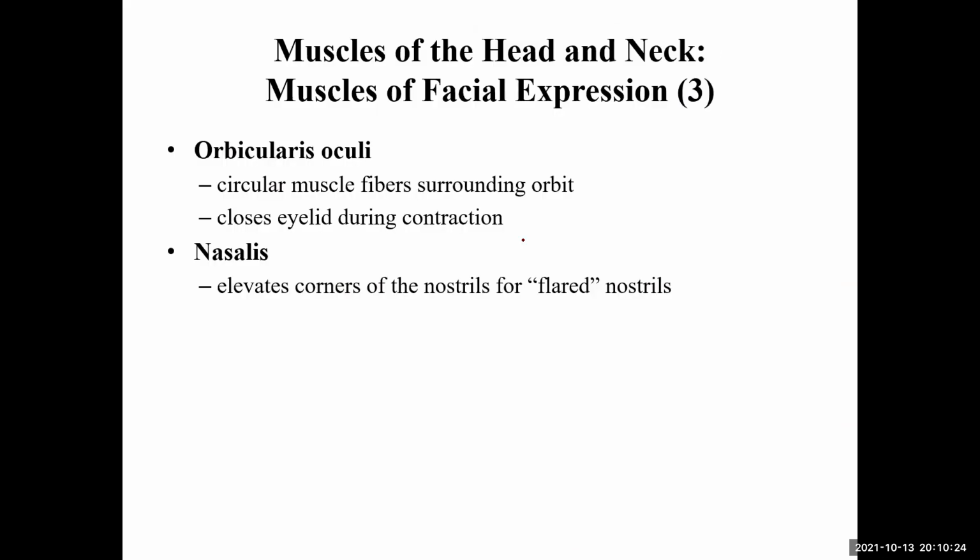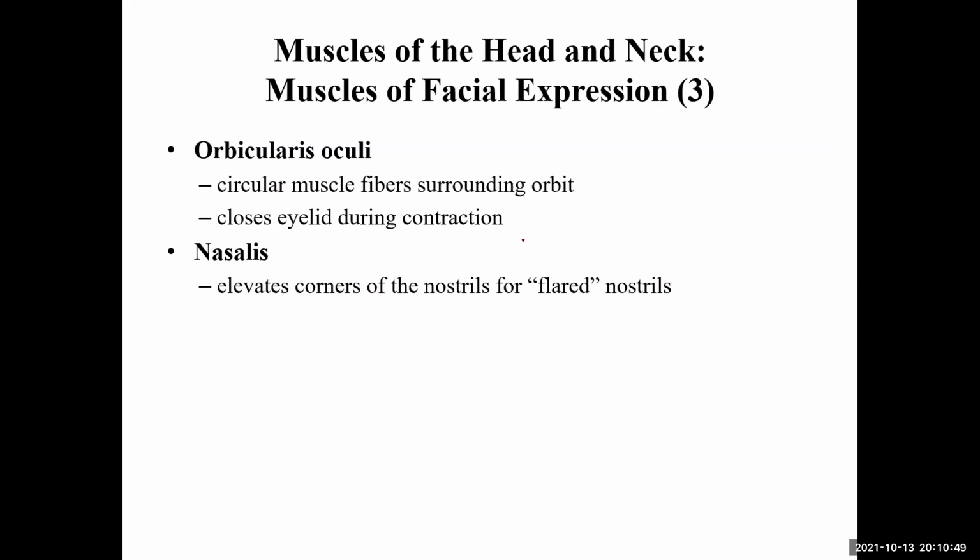All right, the next muscle of facial expression is the orbicularis oculi. This is the one I was telling you encircles your orbits. When you contract this muscle, it helps you to close your eyes or squint. If you step out of a movie theater in the middle of the day into direct sunlight and you're squinting, it's the orbicularis oculi muscle that is doing the squinting.